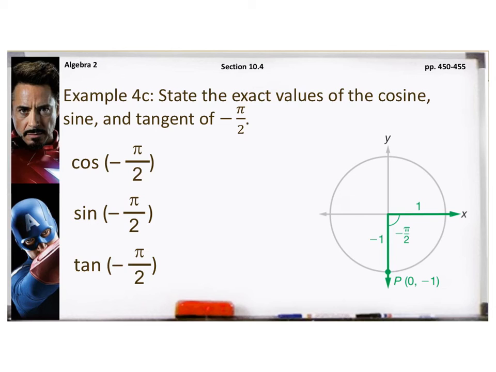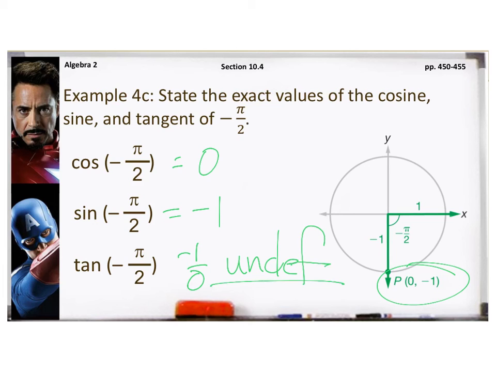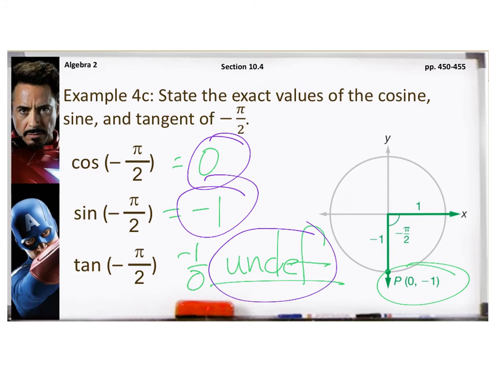We have a point on that circle, 0, negative 1. So I know the cosine is the x value. The sine is the y value. And the tangent is y over x. Well, that's undefined because it's divided by 0. So we have 0, negative 1, and undefined.